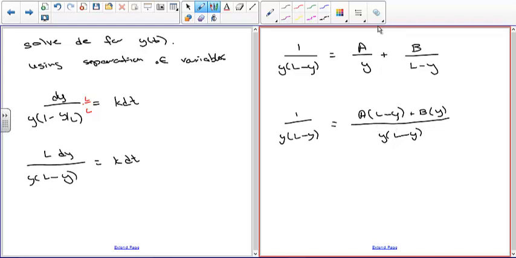The way that works is you multiply the first term by (L minus y) over (L minus y), you multiply the second term, b, by y divided by y, and then combine the two terms and get that expression. So then you're able to say, I've got the same denominator, so the numerators must be equal to each other.